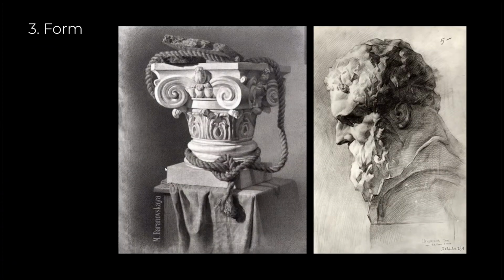Third one here is form. Form is a little bit weird to describe because it's similar to shape in a way. There are the same kinds of contrast. We've got this block here, and that's one form, and then this rope is a very different kind of form, and they contrast a lot with each other. So there's a little bit of excitement and play there. The same thing over here on this statue. We've got the sleeker, clean facial part, but then the beard is very gnarly and noisy almost.